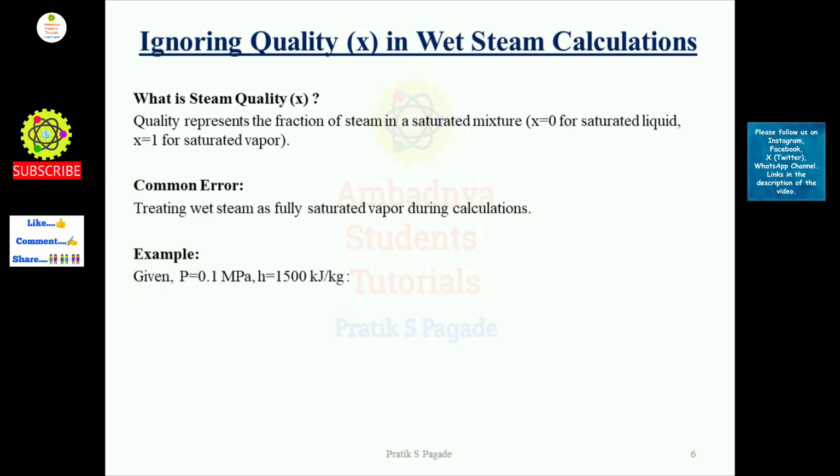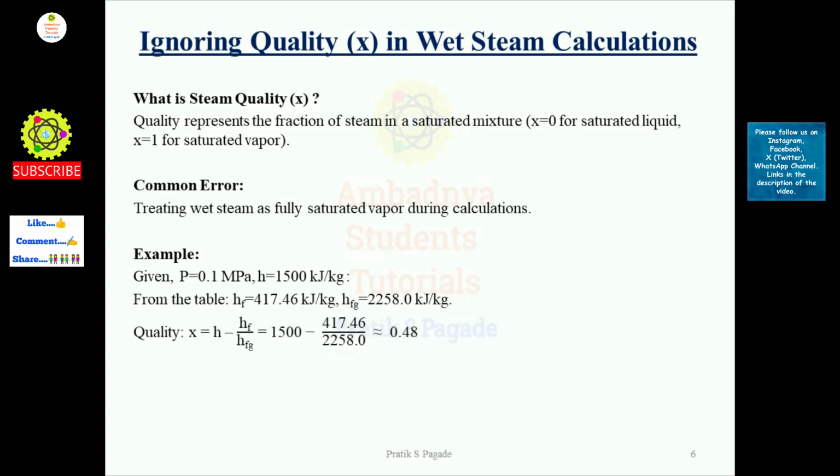Example: given P equal to 0.1 megapascal, h equal to 1500 kilojoule per kg. From the table we got the values hf equal to 417.46 kilojoule per kg, hfg equal to 2258.0 kilojoule per kg. So further, to calculate the steam quality, we will use the formula h equal to hf plus x hfg.